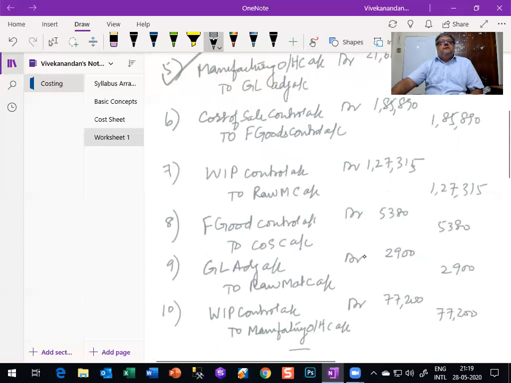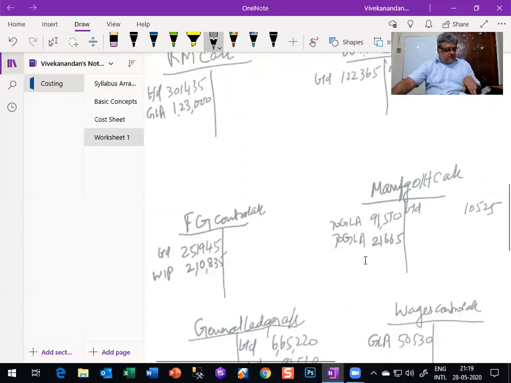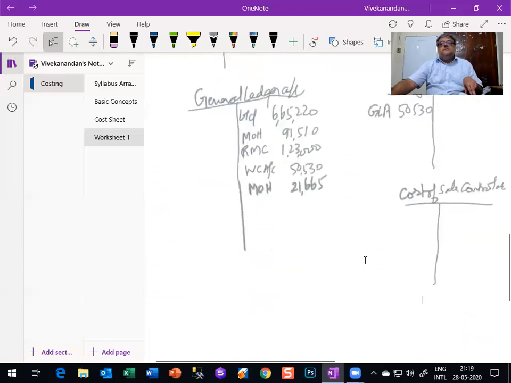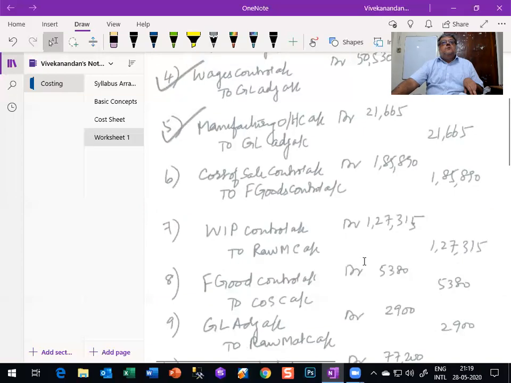Cost of sale debit to finished goods control account. How much is the amount? 1,85,890.